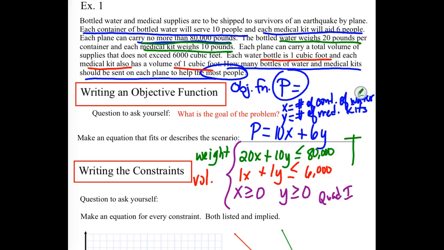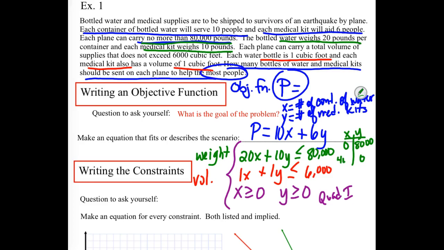If we make our table of values, if we put 0 in for x, what do we get for y? 80,000 divided by 10. 8,000. Okay? If we put a 0 in for y, what's 80,000 divided by 20?